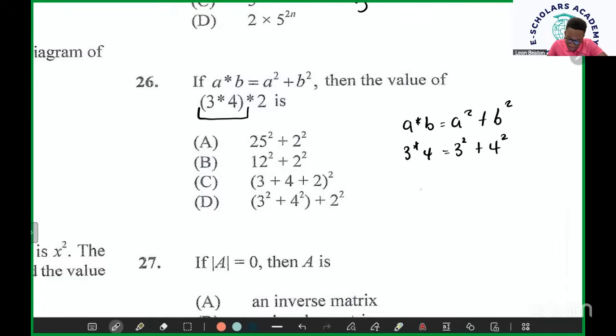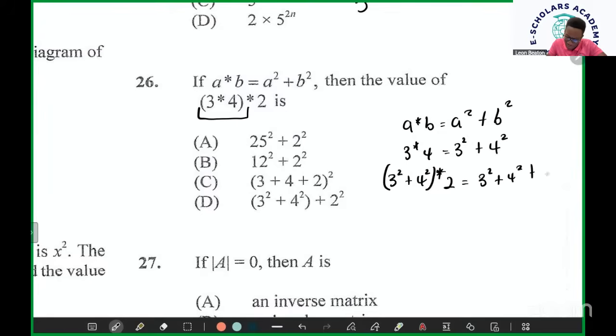So this would basically be 3 to the second power plus 4 to the second power, star 2. And this would be equal to, A would be this. So we put back 3 to the second power plus 4 to the second power. And then we add B. So plus B, which is 4.